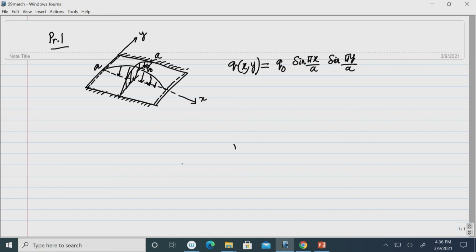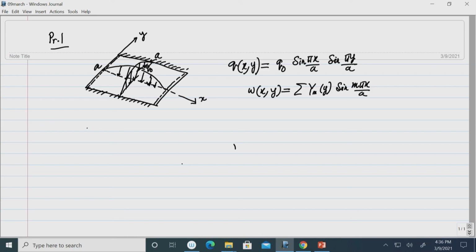Now, because of symmetrical problem, we take the term in the deflected series y m. Deflected series is the summation of this y m y sin m pi x by a, and y m y, you know, because of symmetry, only symmetrical terms have to be taken.